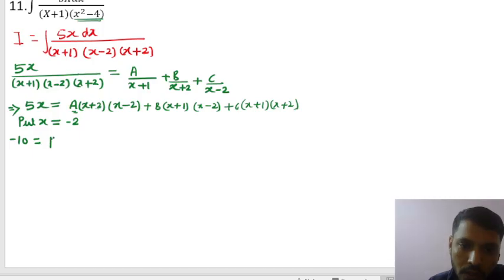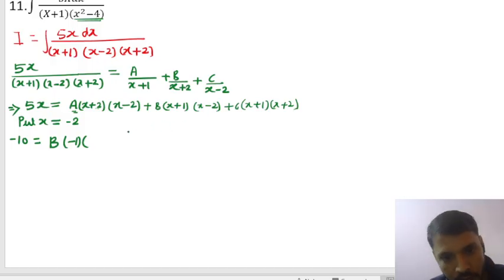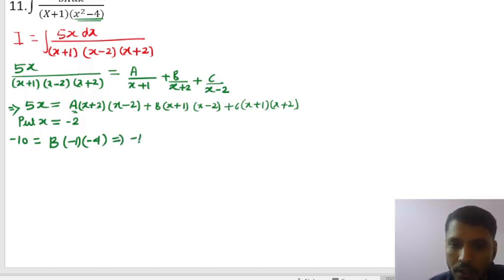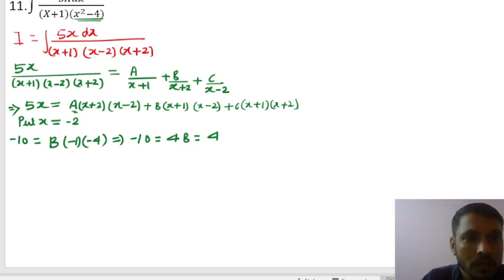So b is equal to what? b times x plus 1, that means minus 2 plus 1, that is minus 1, and x minus 2, that means minus 2 minus 2, it will become minus 4. So from here we have minus 10 is equal to 4b. Just b equal to what?